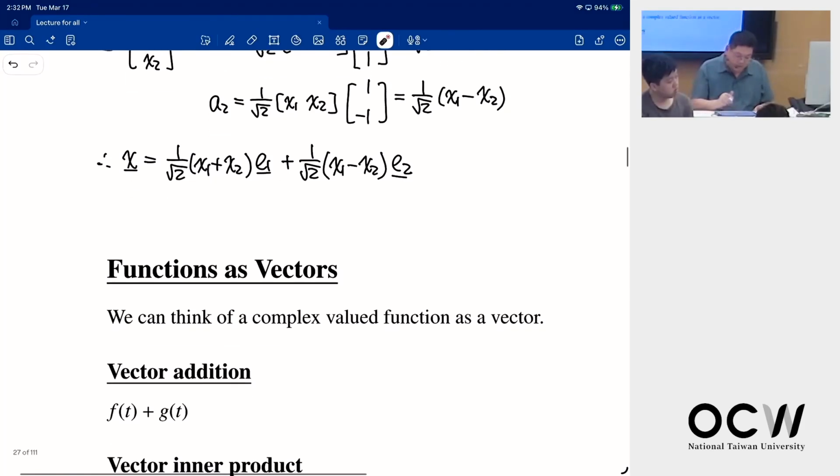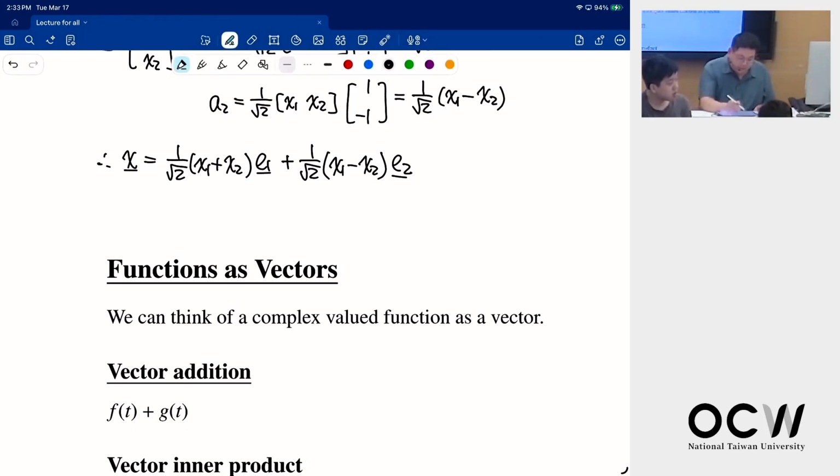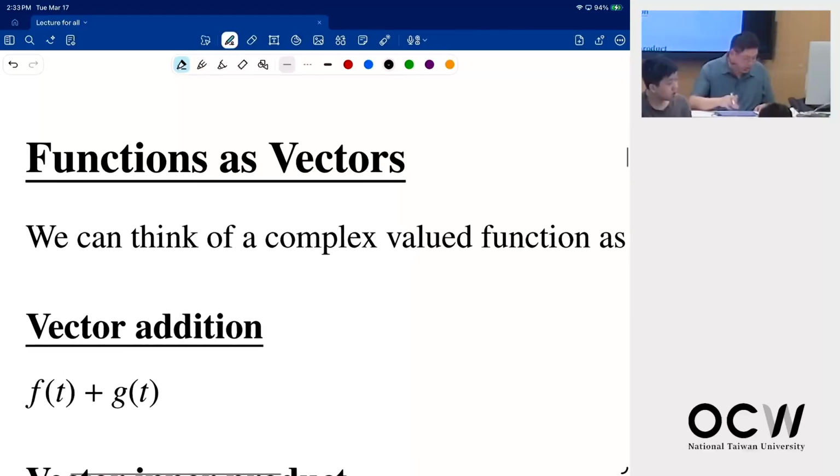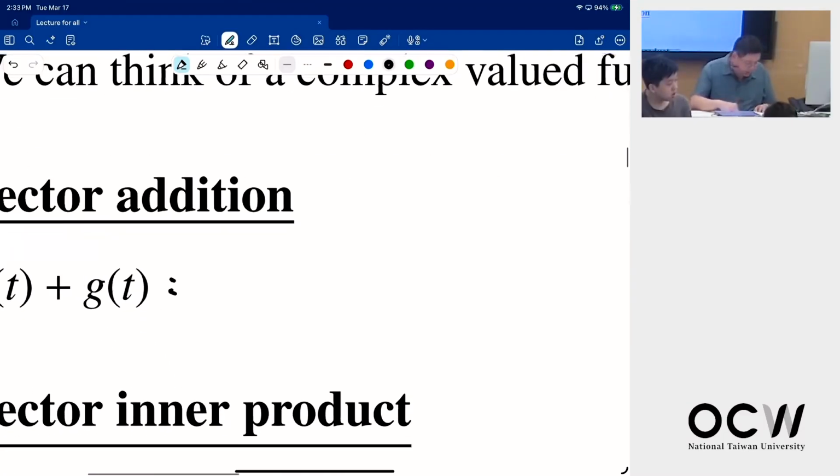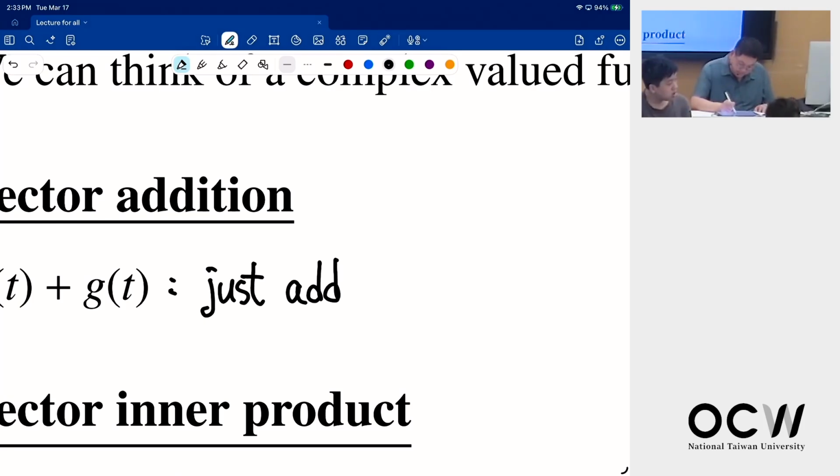For example, for vector addition, you add two functions. For addition, it is just adding the functions.